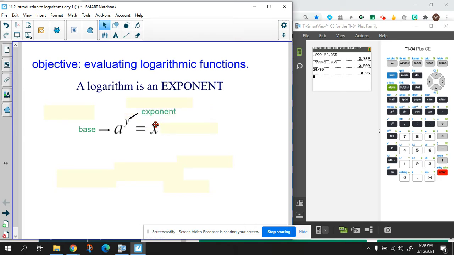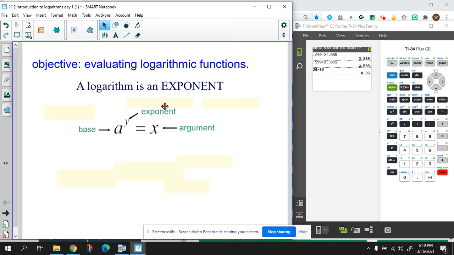And this is the answer. I'm going to give you a fancy word for this one. Instead of answer, I'd like to think of it from now on as the argument, because that's the language you're going to hear in other videos if you look up information about logarithms.